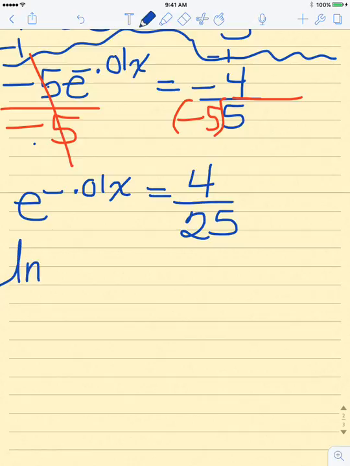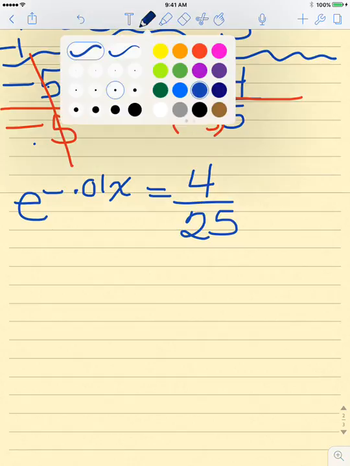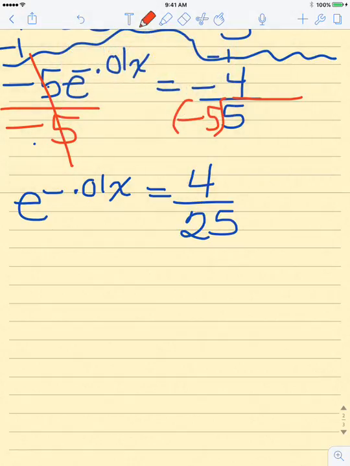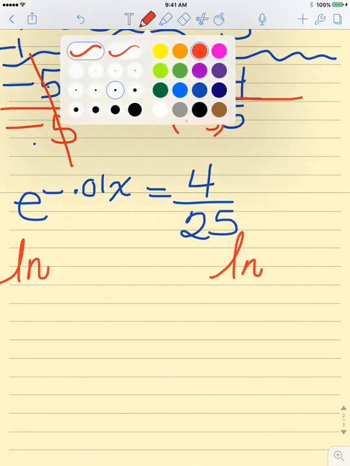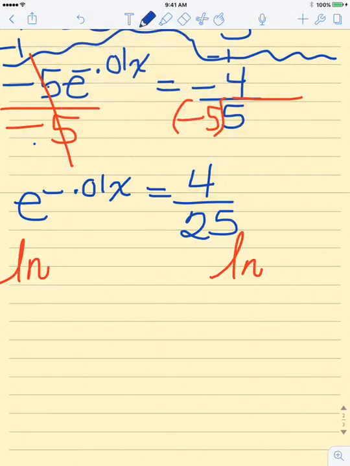So the natural log and natural log, I'm going to do that on both sides. And it's going to be the natural log of e to the negative 0.01x equals the natural log of positive 4 over 25.